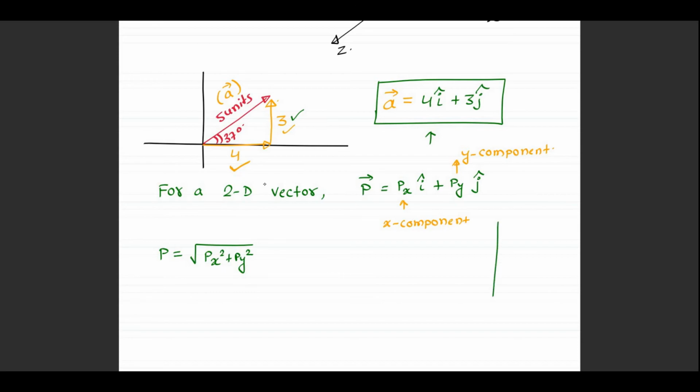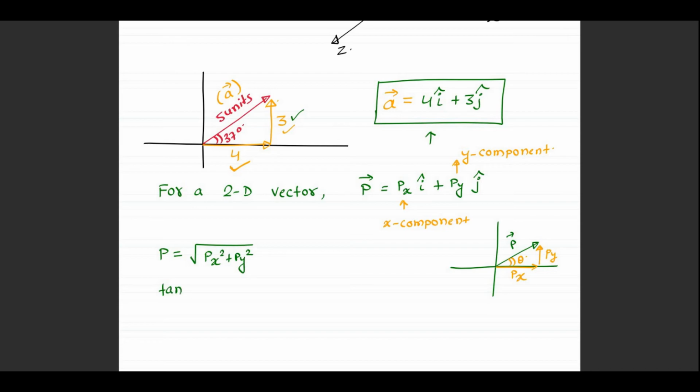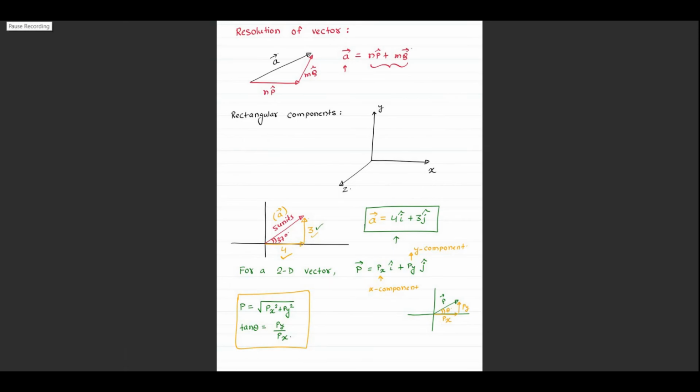Right? And if I represent that vector, if I get this angle theta, tan theta will be Py by Px. Again, important formulas. Fine. So you can copy this down then.